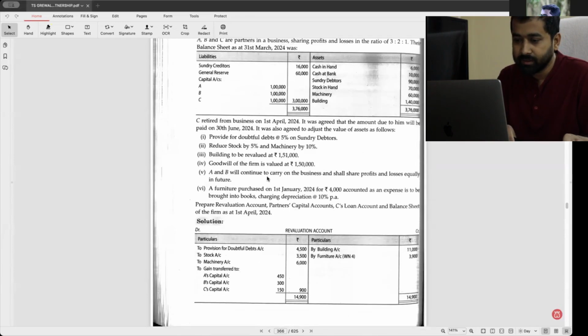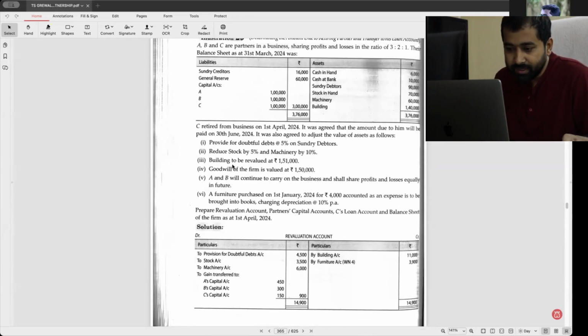Next part, the building had to be revalued at 1,51,000. If you could find out, how much was the building? Building was 1,40,000, now revalued at 1,51,000. So definitely it has increased. How much increased?